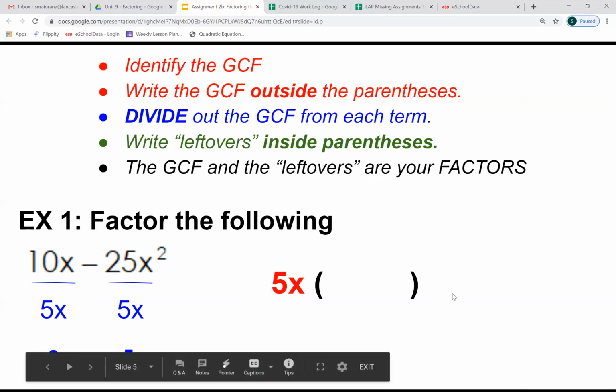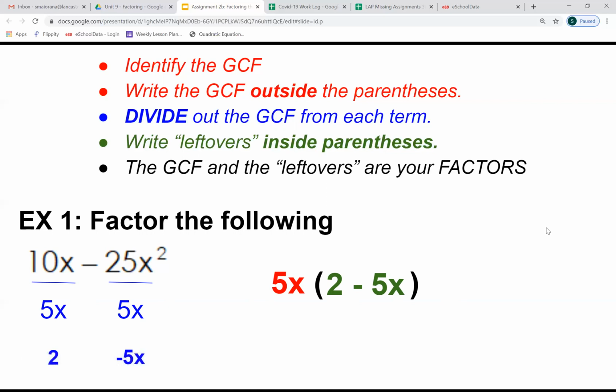So the 2 minus 5x is what goes inside the parentheses, my leftovers, and 5x and 2 minus 5x are my two factors. That's my factored version of 10x minus 25x squared.